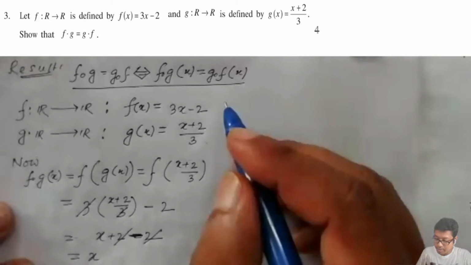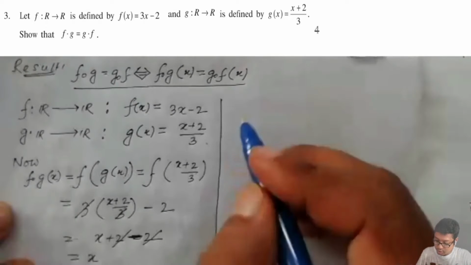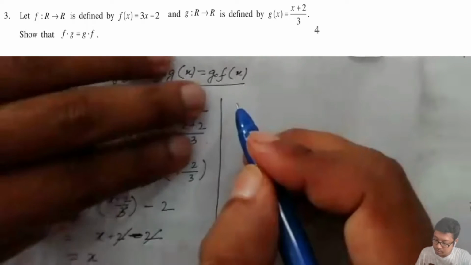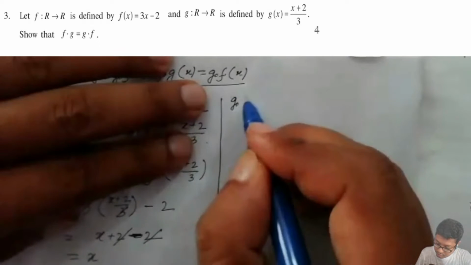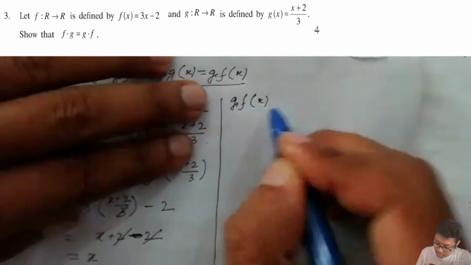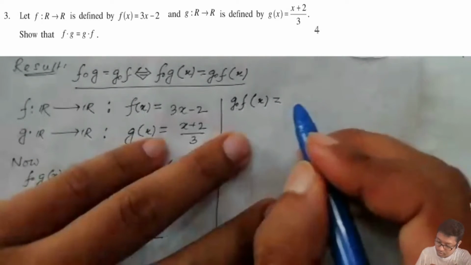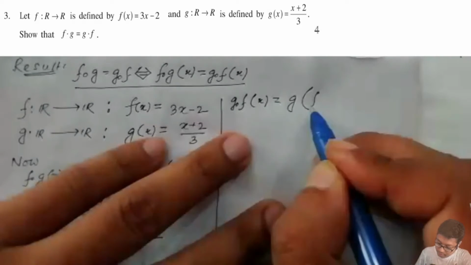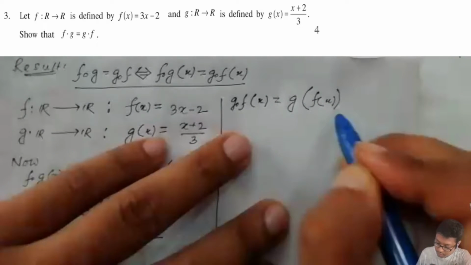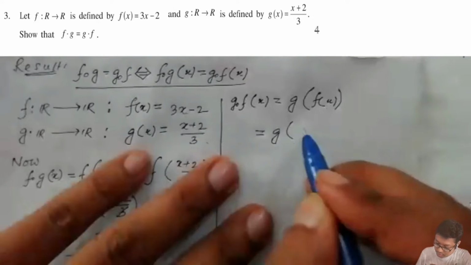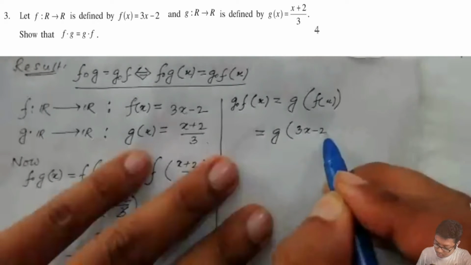Now let me find g dot f of x. If I use the composition of functions, again we have g of fx. So this is equal to g of fx, which is thrice x minus 2.